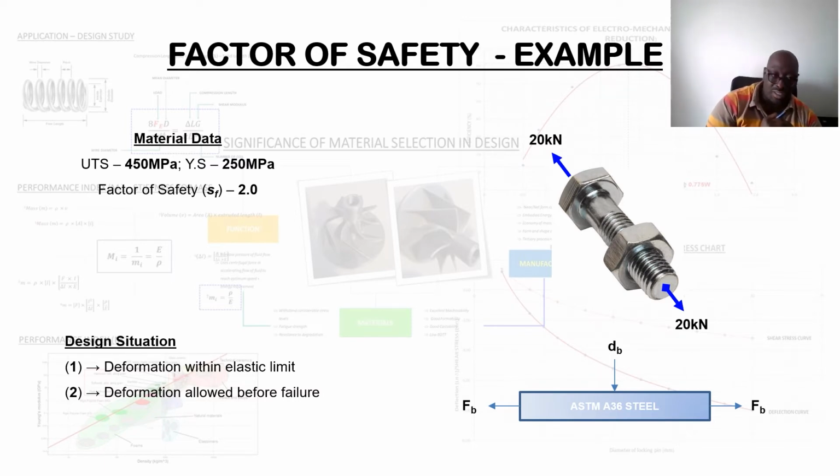And the second design situation is to predict what the diametric span of the bolt needs to be if deformation is allowed to occur beyond yield before eventual failure. So for one, we're looking at designing to ensure the material behaves within the elastic limit of the given material.